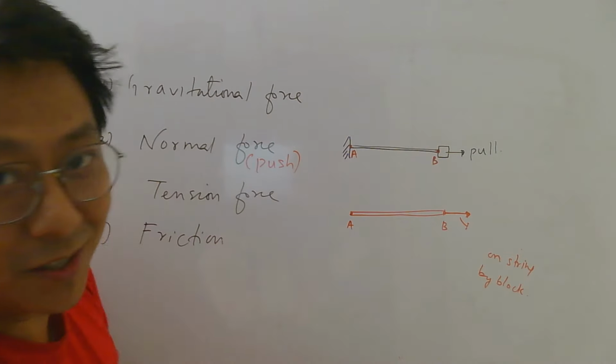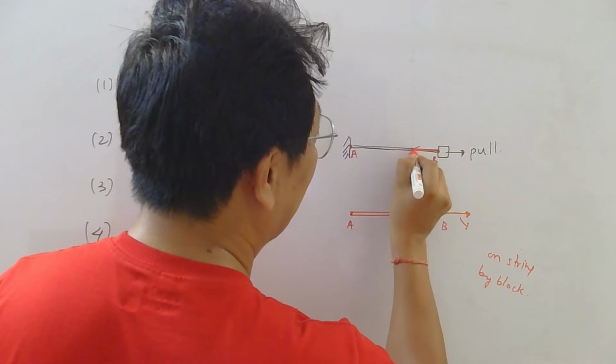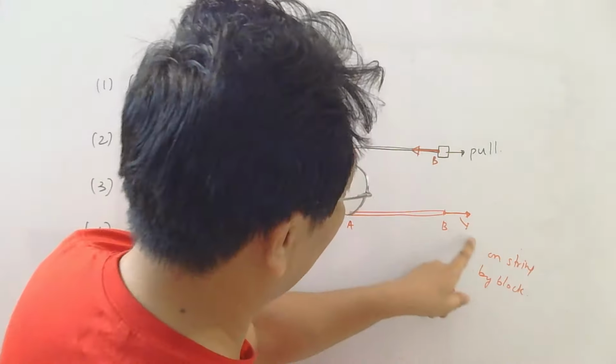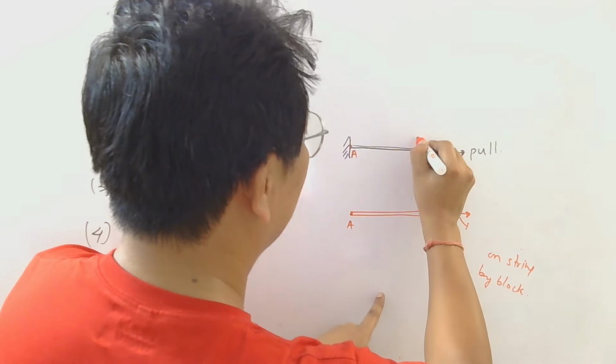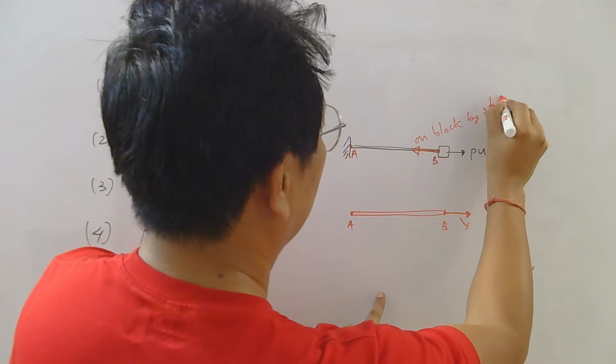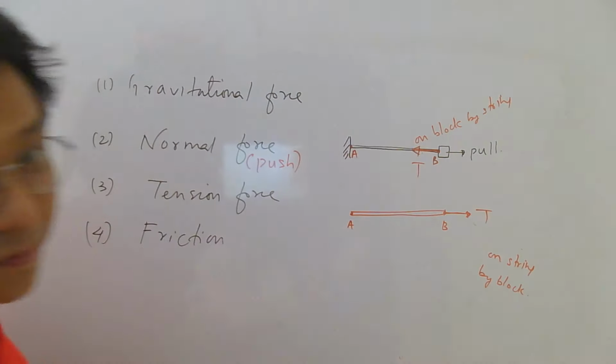Now for every action there is a reaction, right? So the string will pull the block this side. For this action, this is the reaction. So this is on string by block, this is on block by string, and this pulling force is what is called tension force.